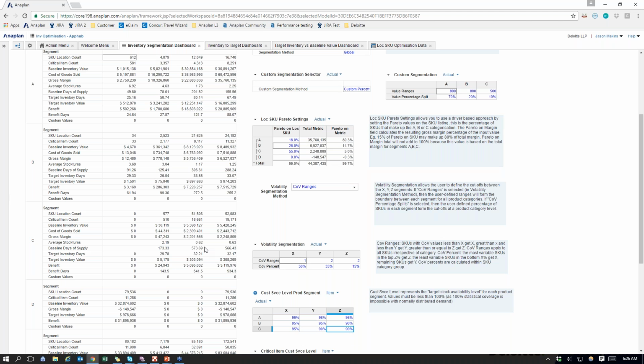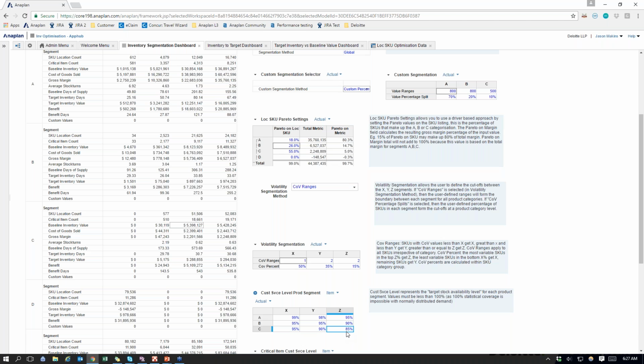So this is this big group of products here, this $5 million of stock across 51,000 SKU locations. What we're looking at here, very quickly, is that we only want to hold about $300,000 of stock, yet we're currently holding 5.3 million. And this is where you're able to come in here, update some of your service levels, and very quickly see the tool calculate.